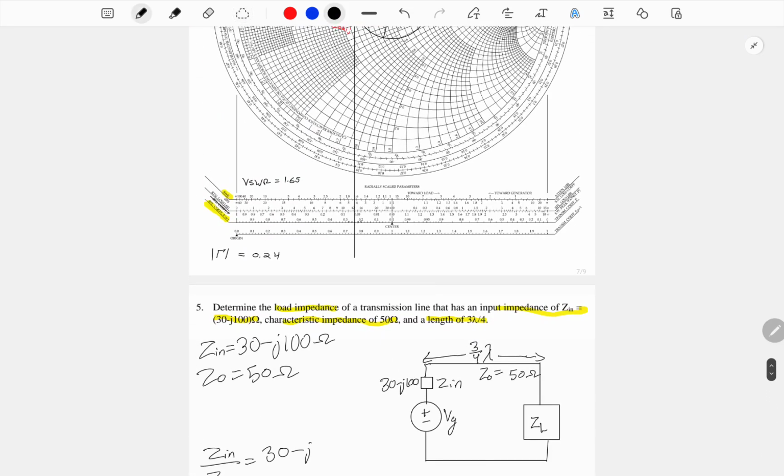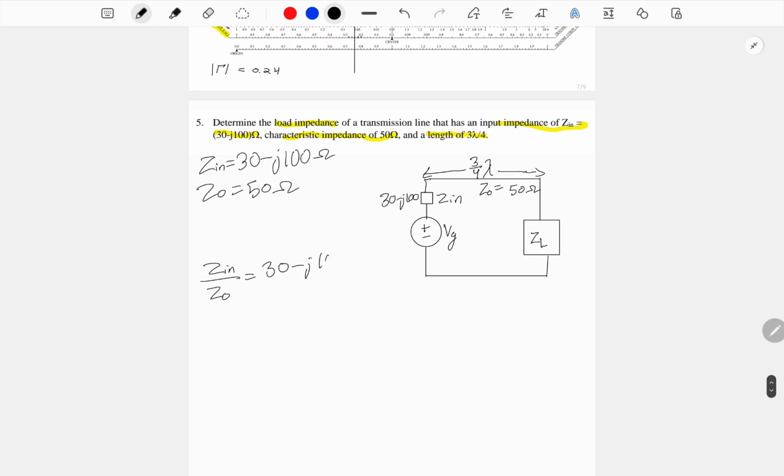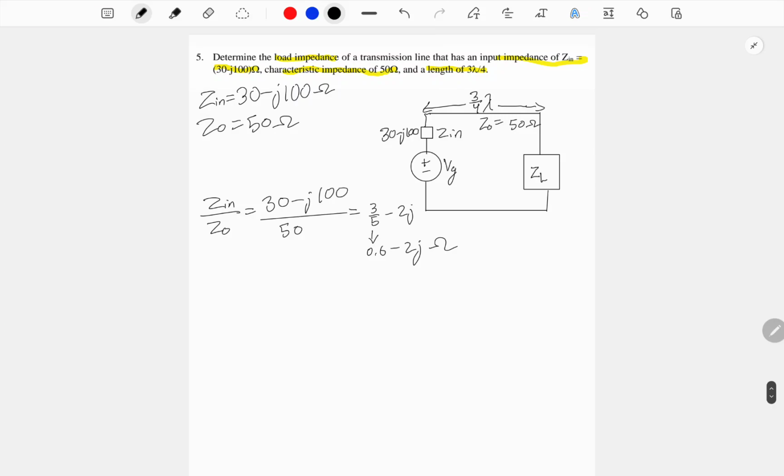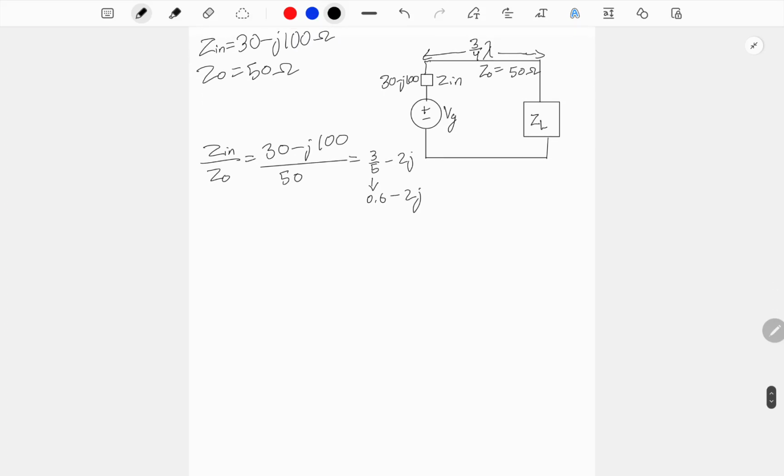After we divide by Z0, by 50, you get 3/5 minus 2j. 3/5 is 0.6. Not ohms, because we divide ohms over ohms, so they cancel out.